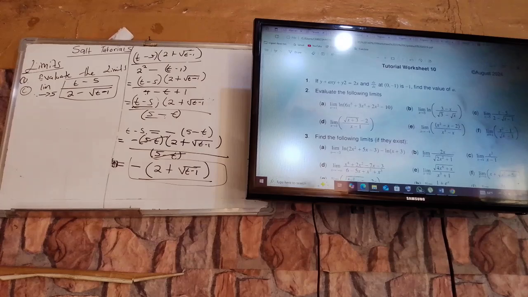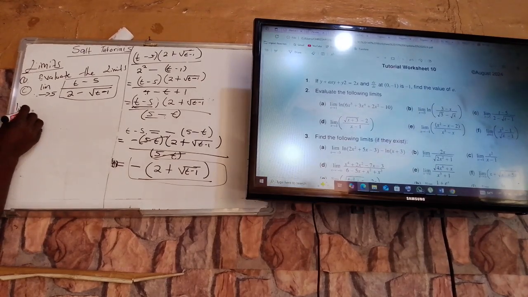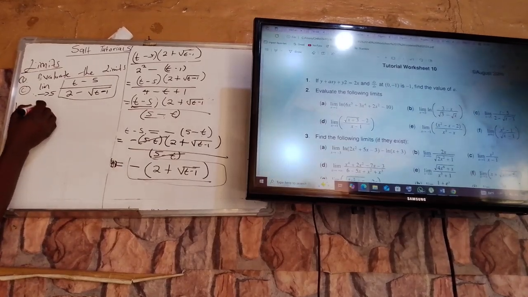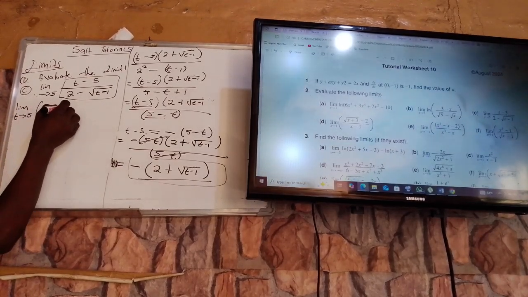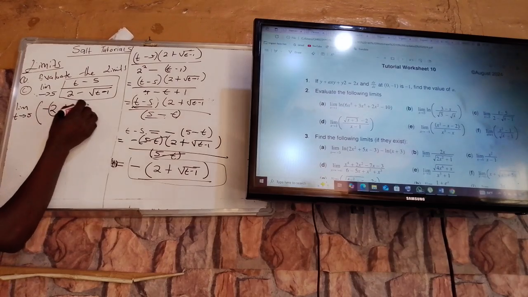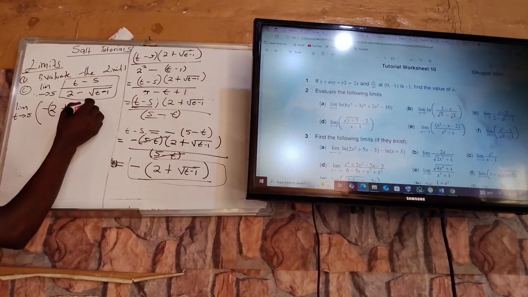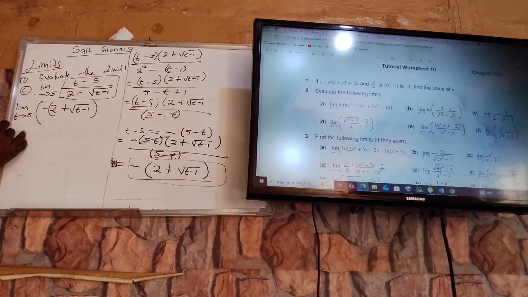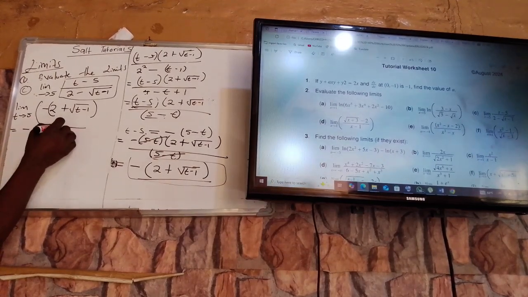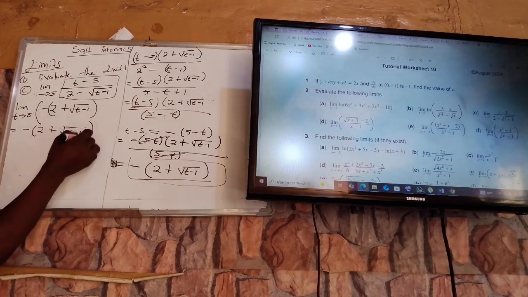So I'm now going to have the limit as t approaches 5 of -2 plus root of t minus 1 close. So that when you evaluate, this will be -2 plus root of 5 minus 1 close.